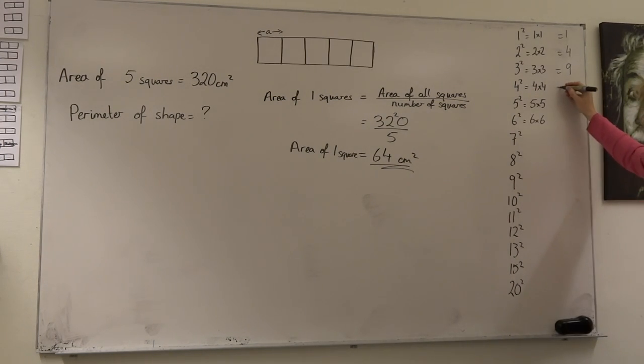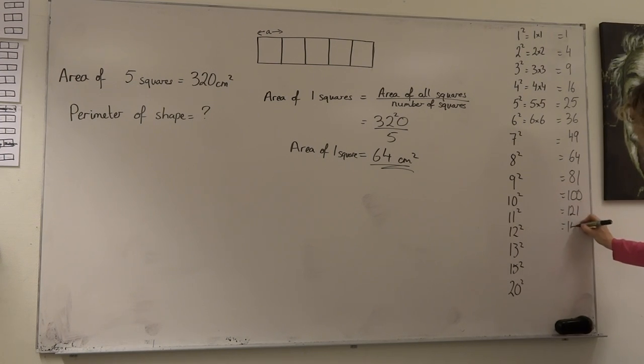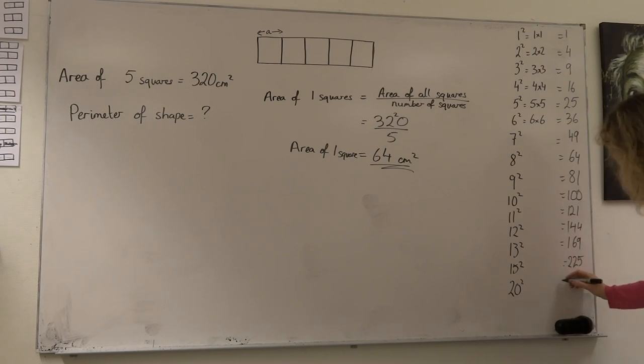You should know that 4 squared is 16, 5 squared is 25, 6 squared is 36, 7 squared is 49, 8 squared is 64, 9 squared is 81, 10 squared is 100, 11 squared is 121, 12 squared is 144, 13 squared is 169, 15 squared is 225, and 20 squared is 400. So these ones you should sort of know off by heart.